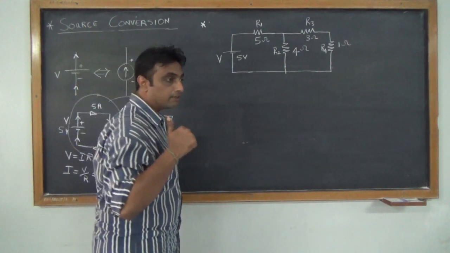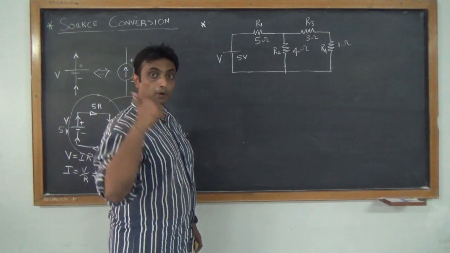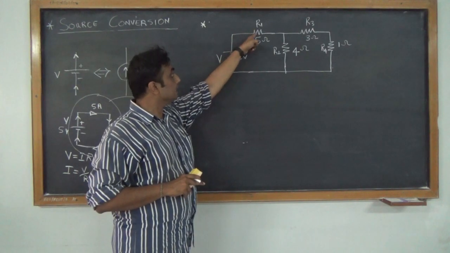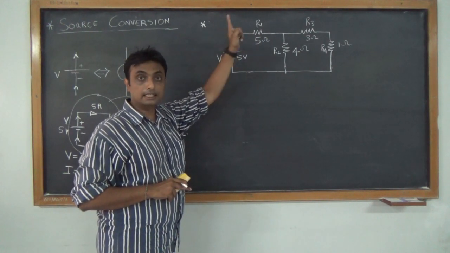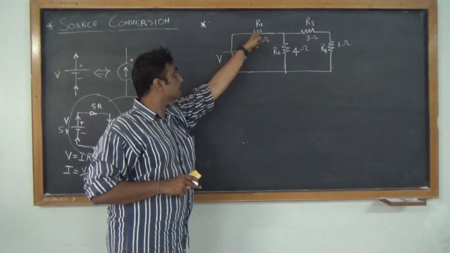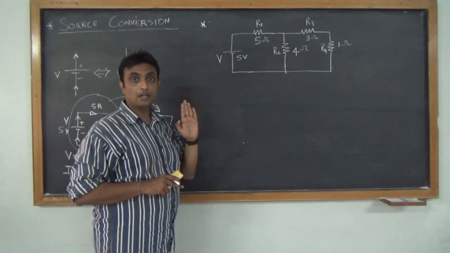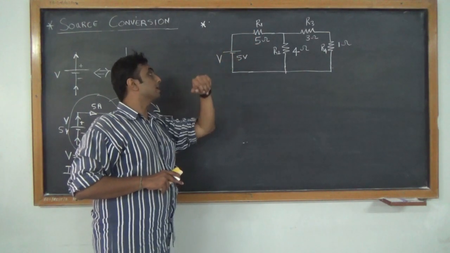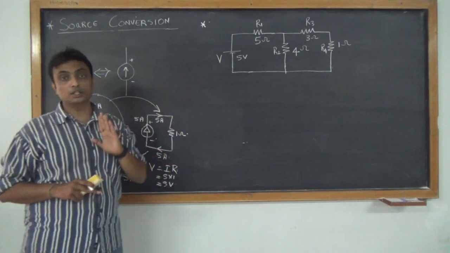Source conversion is only possible if the voltage source is in series with one of the resistors and there should be no junction in between. It should be a direct series connection. So only if it is in series, the voltage source can be converted to a current source.